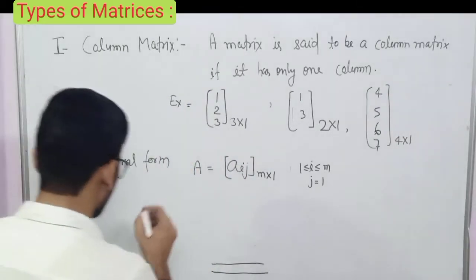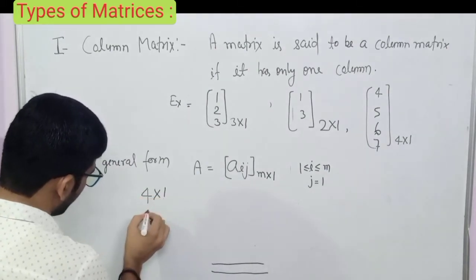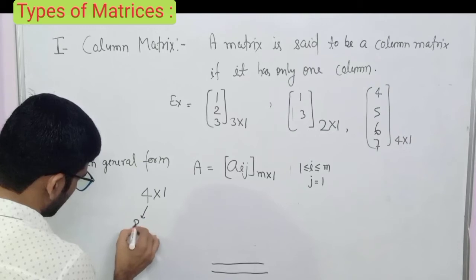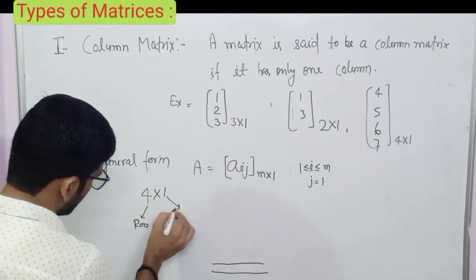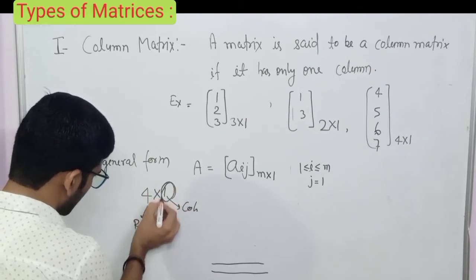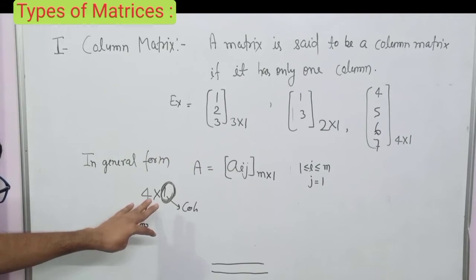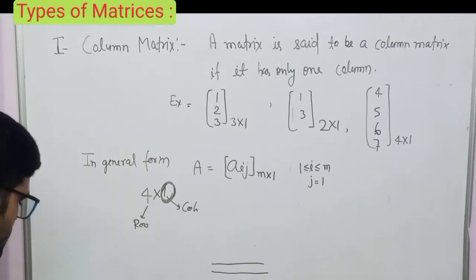Because the order is 4 cross 1, the first represents rows and the second is columns. Here you see column is 1, so you can say the matrix is a column matrix.